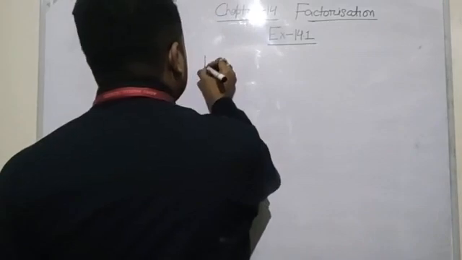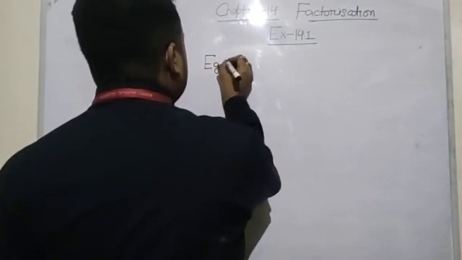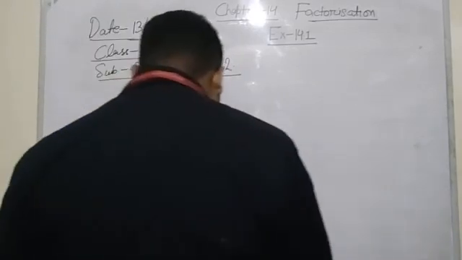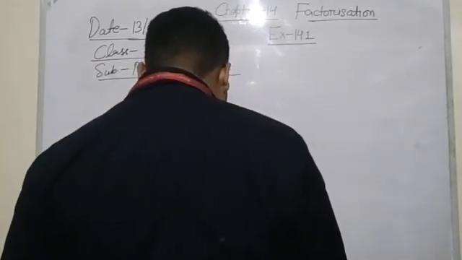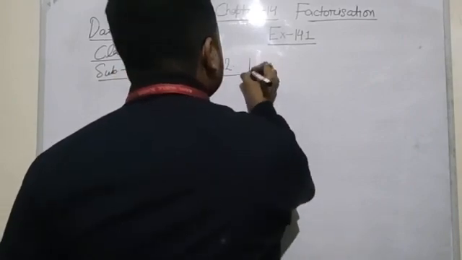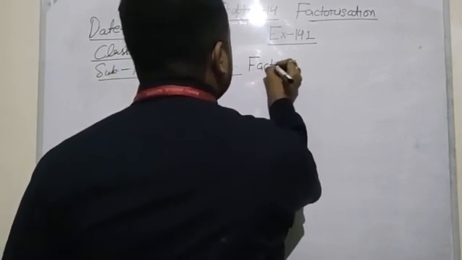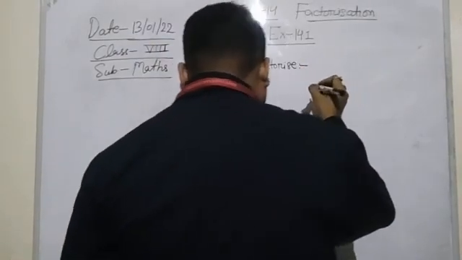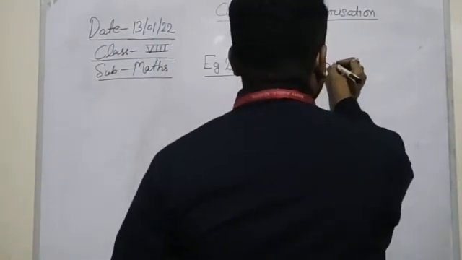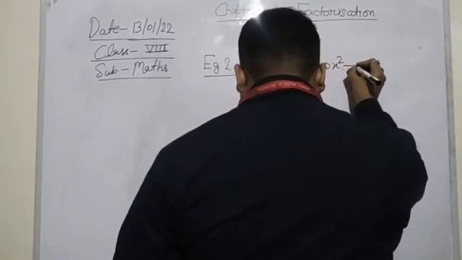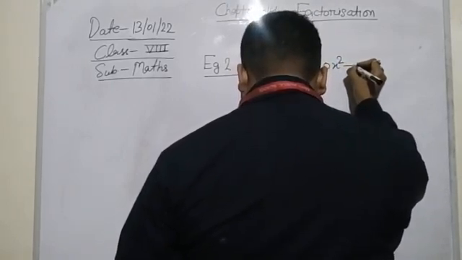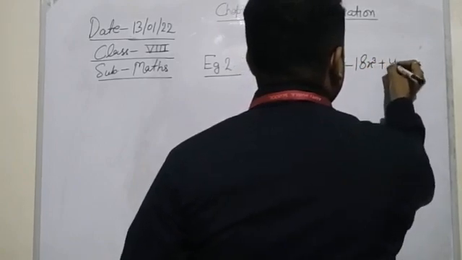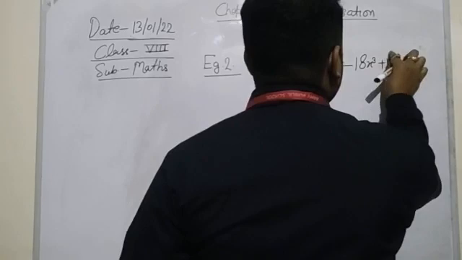Now example 2. We have to factorize 10x square minus 18x cube plus 14x to the power 4.